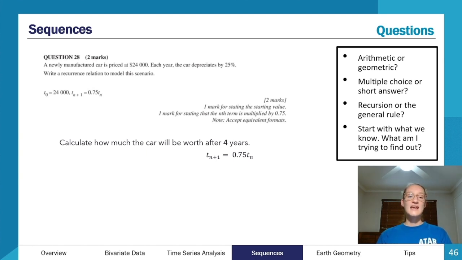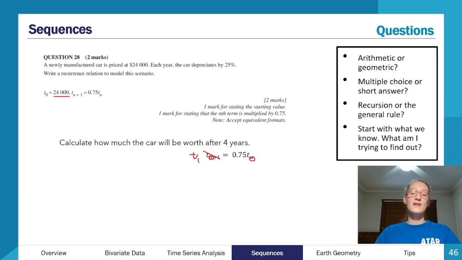Now let's calculate how much the car will be worth after 4 years to illustrate that. So we've got our formula Tn plus 1 equals 0.75 times Tn. First we're going to say let n equal 0. So we have T0 plus 1 equals 0.75 times T0. And I know from up here that T0 is $24,000. If I have T0 plus 1, I know that this is now T1.